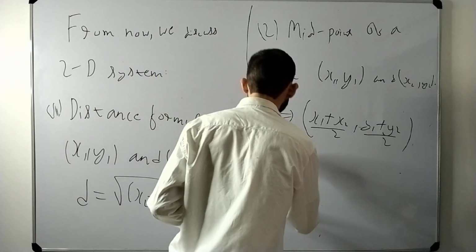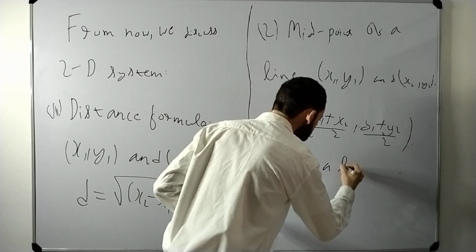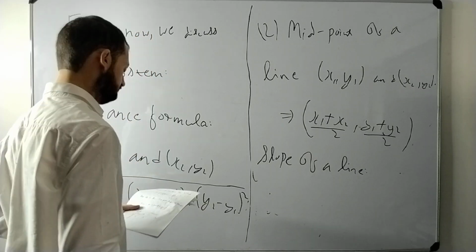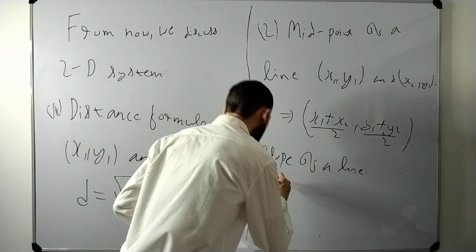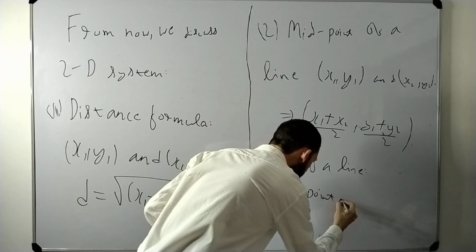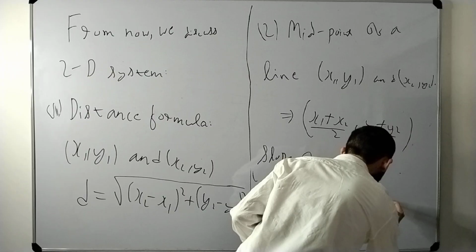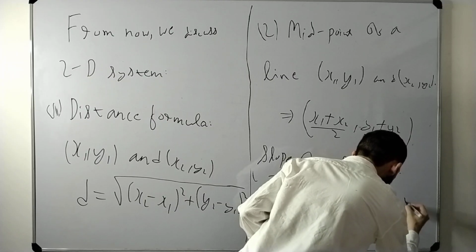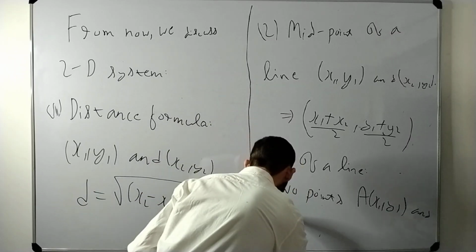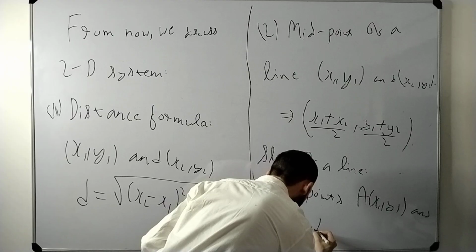Slope of a line. 2 points, A, x1, y1 and B, x2, y2.